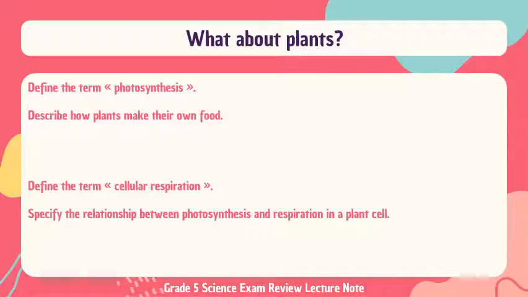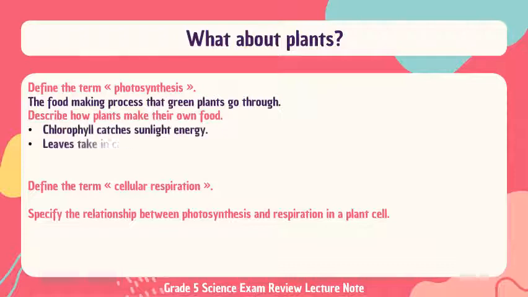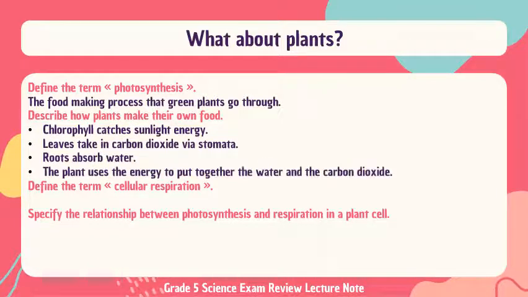And that's it. This is all what you need to know about these lessons, and these lessons are required for the exam. Photosynthesis is the food making process that happens in green plants. When plants go through photosynthesis, they need sunlight energy, they need carbon dioxide, and they need water.